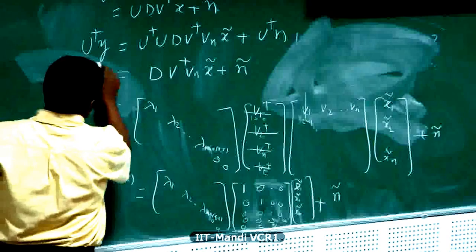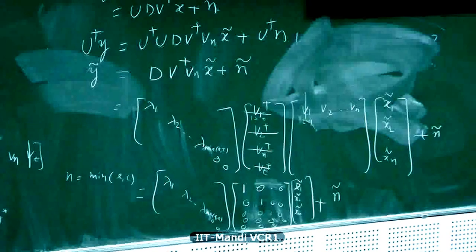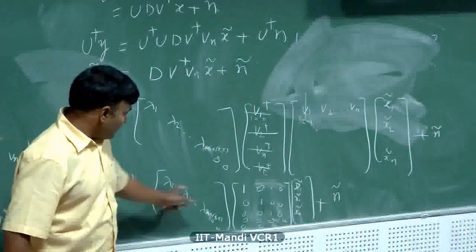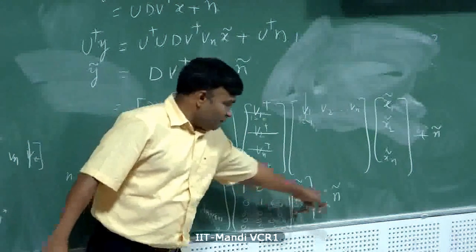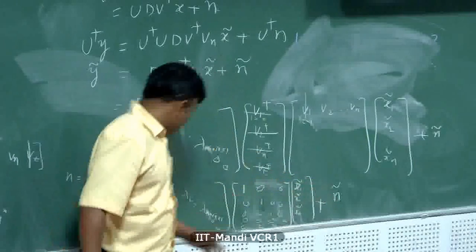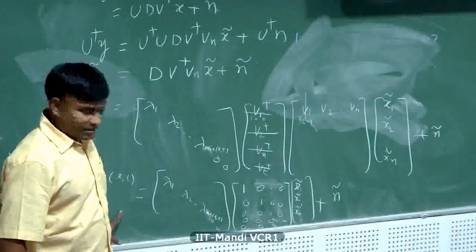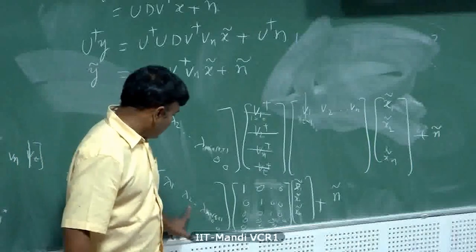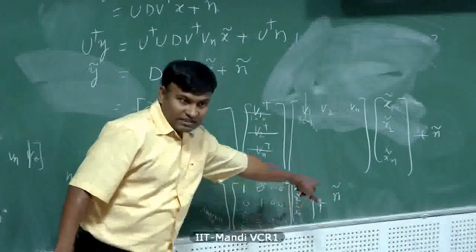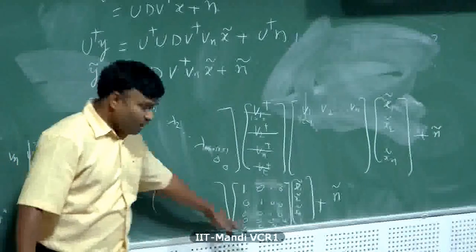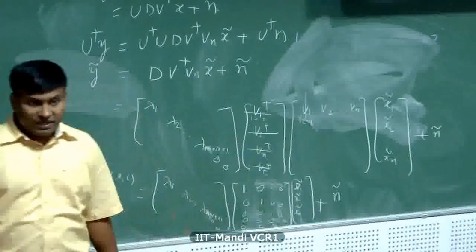Well, now if you write, let's call it y tilde. Now it should be straightforward to see that y1 tilde would be lambda 1 x1 tilde plus n1 tilde, and then up till yn, which is lambda n xn tilde plus noise, and then zeros where the signal component is 0 and only noise will be left.